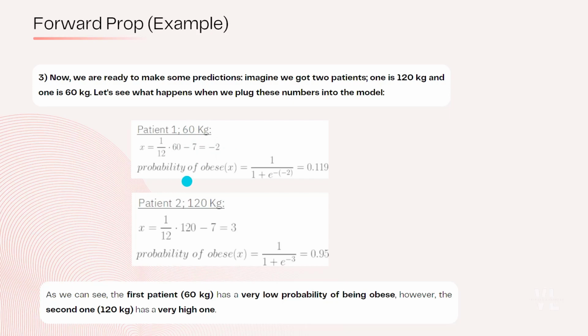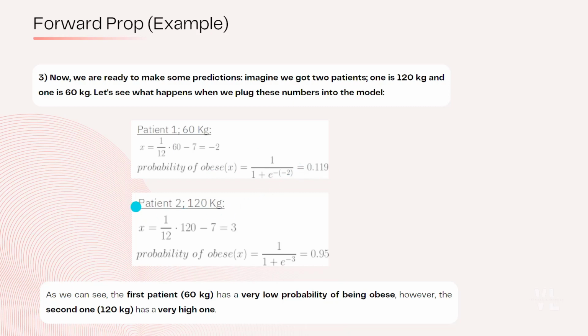If we want to predict the probability of being obese, we have to use -2 in our next equation, which is the sigmoid function, and this will give us the probability of being obese. Notice that this value, once we fit it into the sigmoid function, is always going to be between 0 and 1.